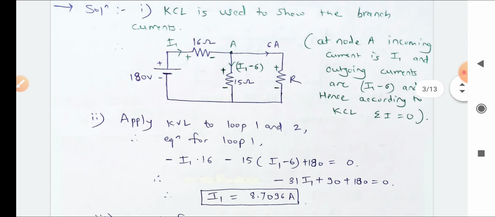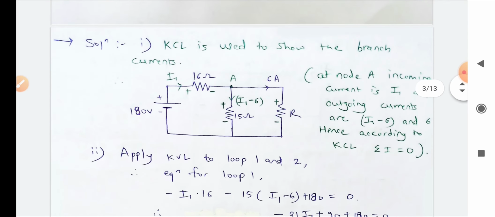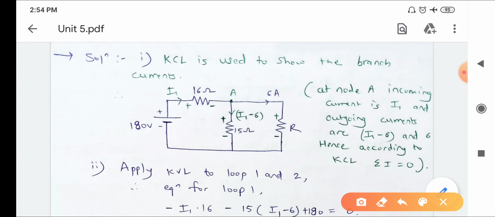Now whenever we are tracing the path for loop 2 in clockwise direction, minus 6 into R is a potential drop, but plus 15 into I1 minus 6, that is nothing but this 15 in bracket I1 minus 6, is the potential rise for loop 2, because in this case the first encountered sign is negative sign and hence it is a potential rise for loop 2.